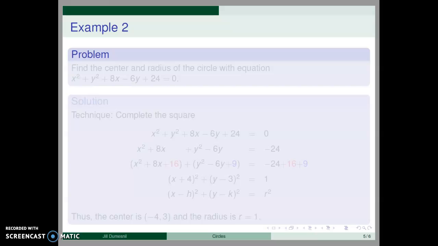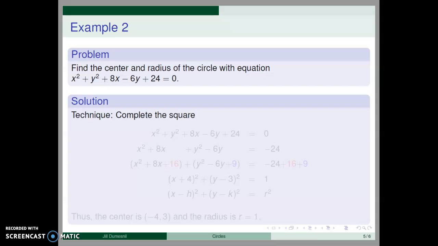Let's now consider a second, more algebraic example. Find the center and the radius of the circle with equation x squared plus y squared plus 8x minus 6y plus 24 equals 0. We are told that the equation is a circle, so we need to rewrite it in standard form. From there, we can identify both the center and the radius. The technique used here is to complete the square.